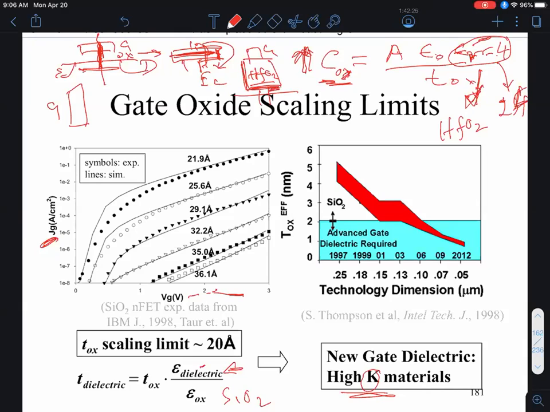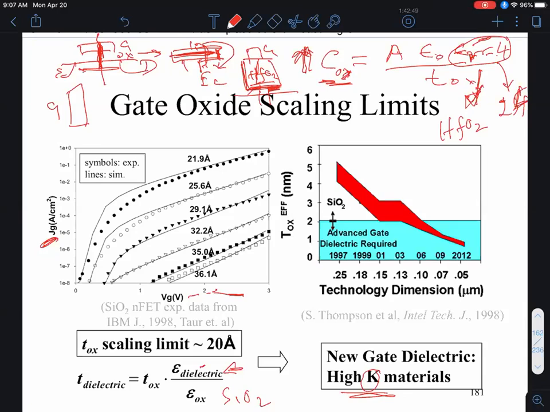Although you're getting a wider tunneling barrier, the height of the barrier is less. You have to be very careful to have a good combination of not just the thickness of the tunneling barrier, but also a high enough barrier. It turns out hafnium oxide works pretty well, both for the electrons in the conduction band and the holes in the valence band.